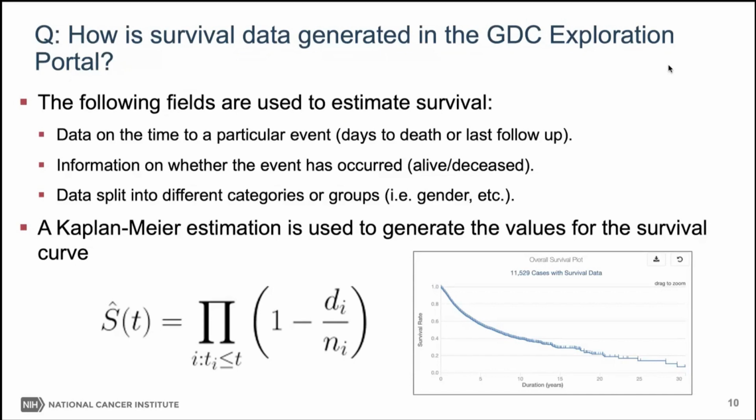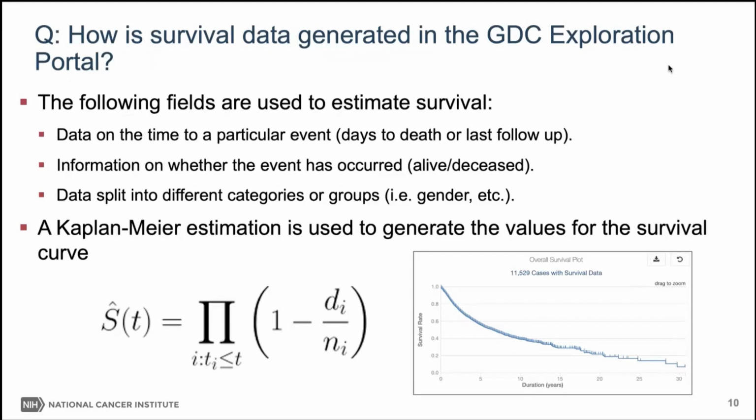And then the data split into different categories or groups, like gender, for example. This information is used with a Kaplan-Meier estimation, and that's how these values are generated in the API. So here's the equation here.